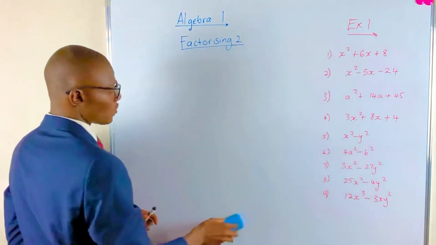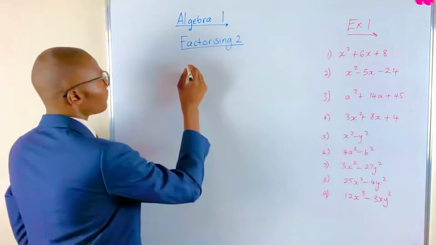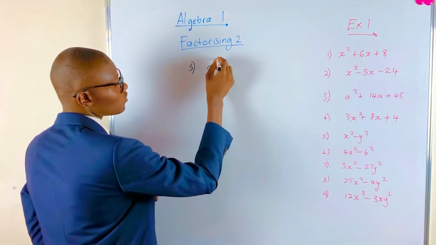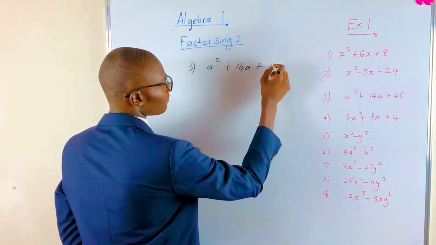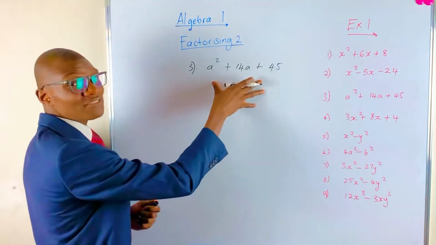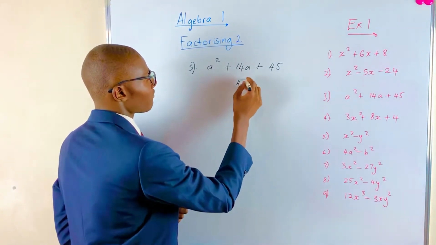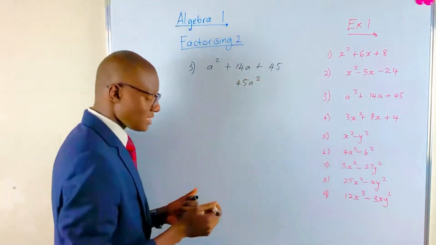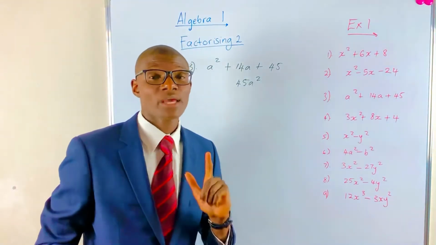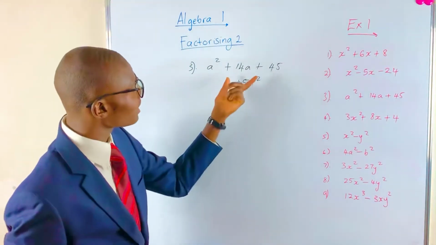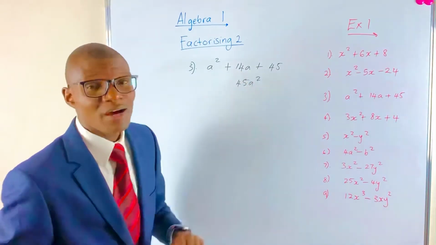Okay, so for number 3, we've got a squared plus 14a plus 45. So if you multiply the first and the last, we get 45a squared, which means these two factors that we want, when we multiply, they give us 45a squared, and when we add them, they give us the middle term which is 14a.